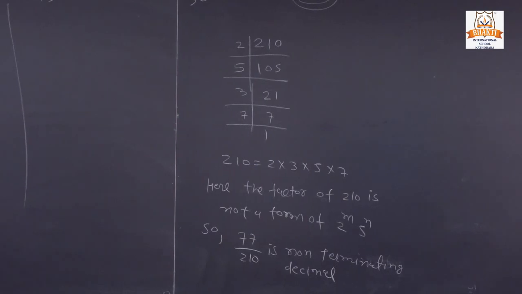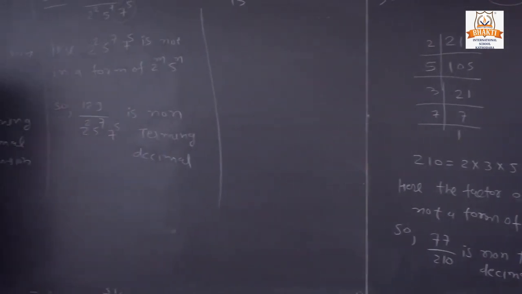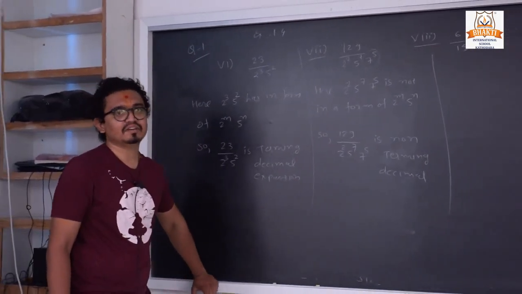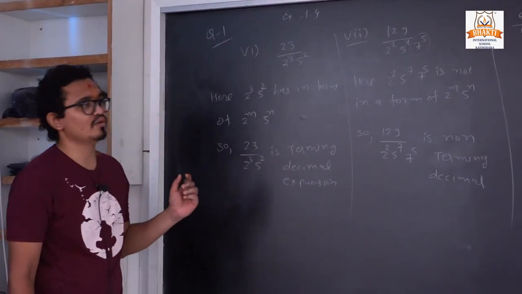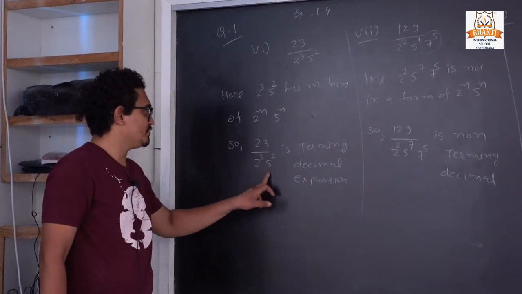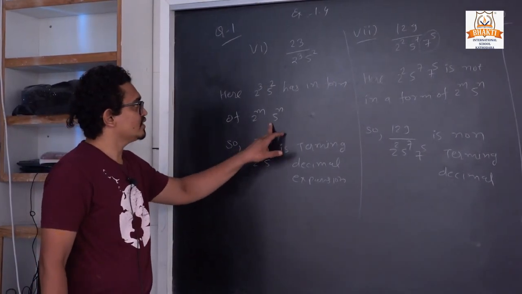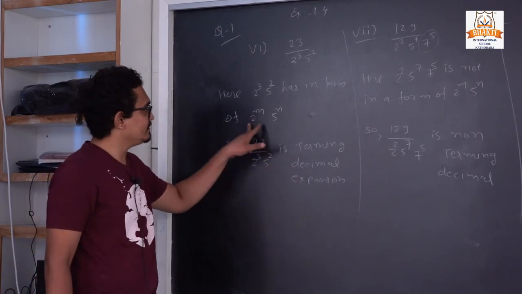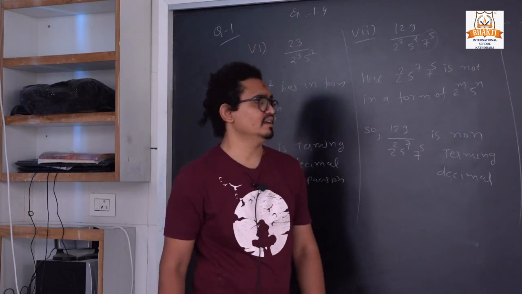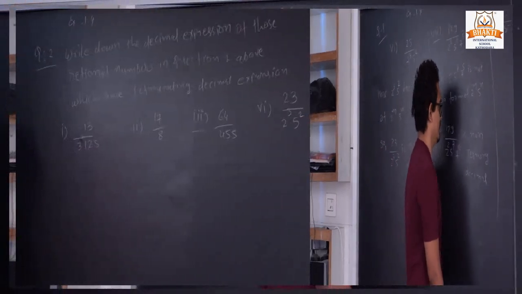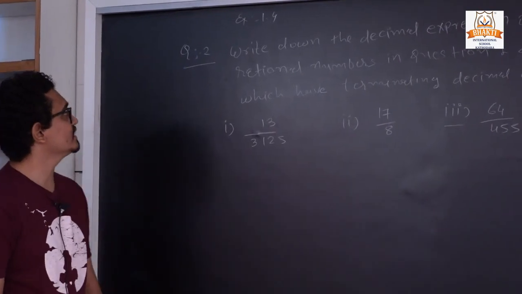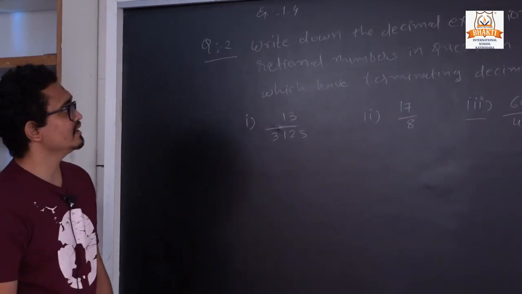So it is a very easy exercise, because in this exercise you need to remember two things. If the denominator is in the form of 2 raised to m into 5 raised to n, it is terminating, and if it is not, it is non-terminating decimal expansion.